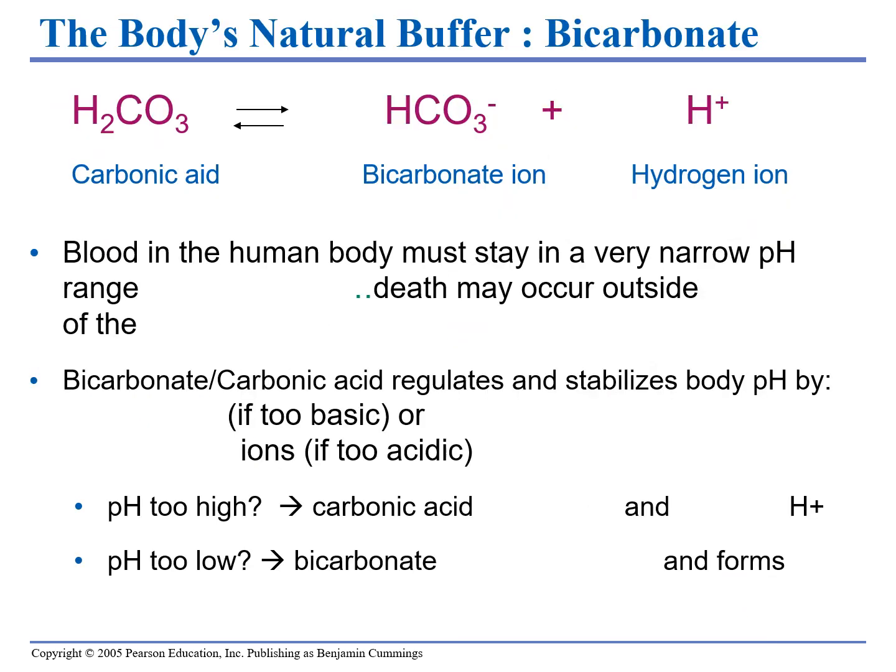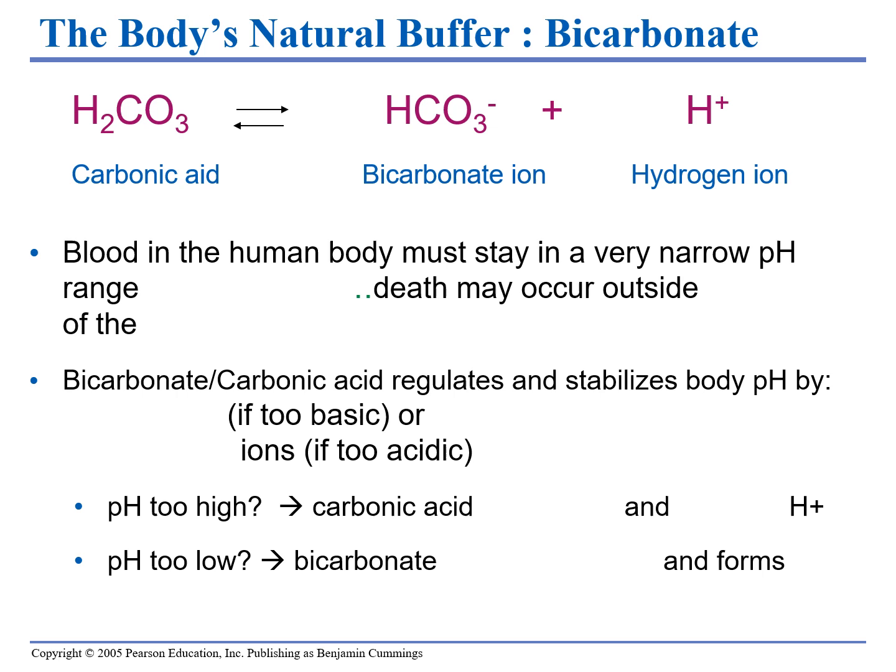The human body's natural buffer is bicarbonate. So, carbonic acid is made by a bicarbonate ion and a hydrogen ion.